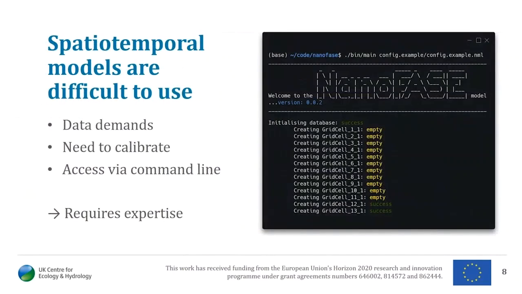So spatiotemporal models like the NanoFASE model give us lots of information, but this is at the expense of being fairly difficult to use. Because they're spatial, you need spatial data, you need temporal data, and this means they have high data demands. Often you need to calibrate them, and those calibration procedures are quite difficult because you're calibrating over space and over time.